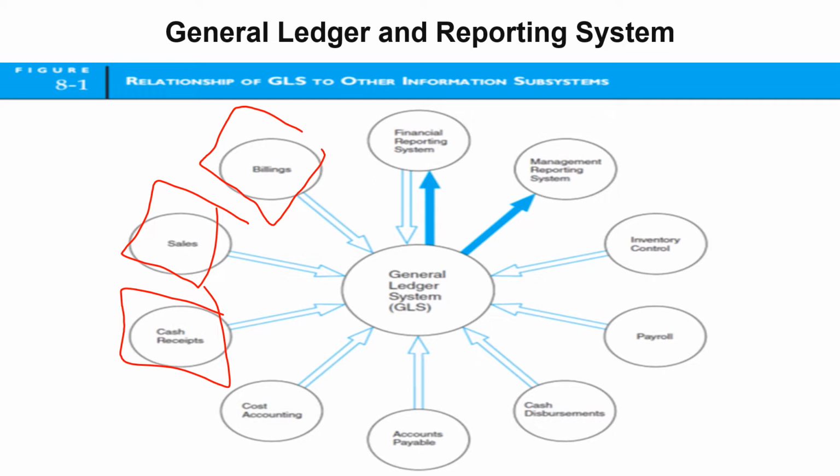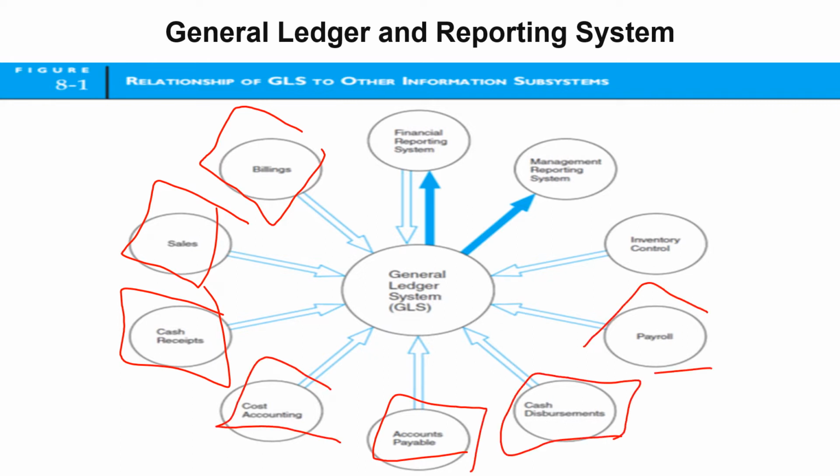Similarly, accounts payable, cash disbursement, payroll, cost accounting, and inventory controls are all related to either the purchasing or the conversion cycle. So all of these subsystems update the general ledger system during the processing of the transaction within the cycle system itself.